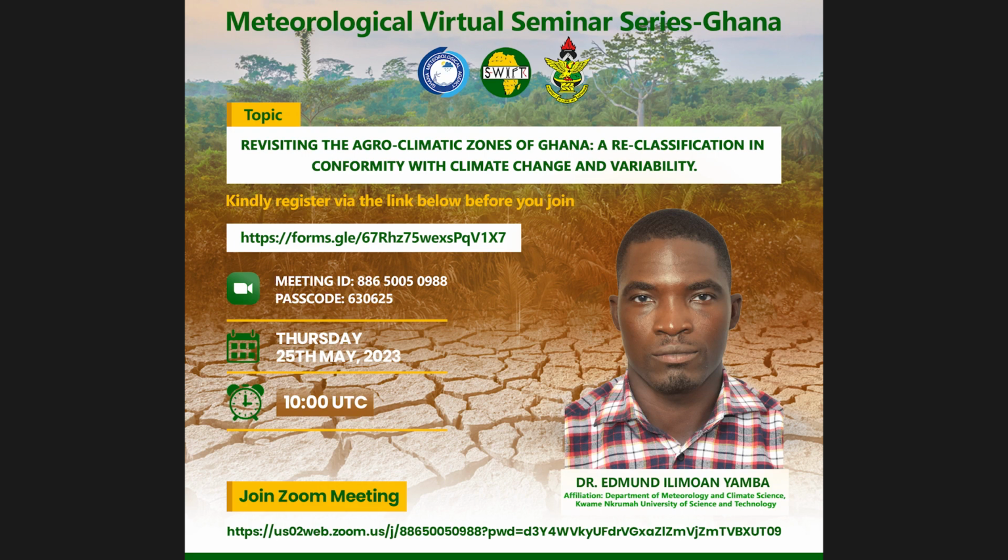Somebody is asking, I learned southern part of Ghana has bimodal rainfall. So since the coastline zone is behaving more or less like the Savannah zone, can we reconstruct that statement? It's coming from Ralph.